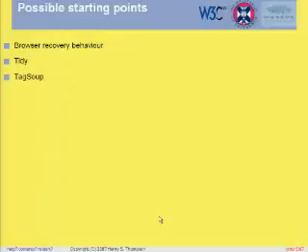So possible starting points for a formal definition of vNext for HTML. Well, the browser error recovery is formal. It's in some programming language or some different sets of programming languages. But it's a little hard to extract generalizations from or to actually pin down.